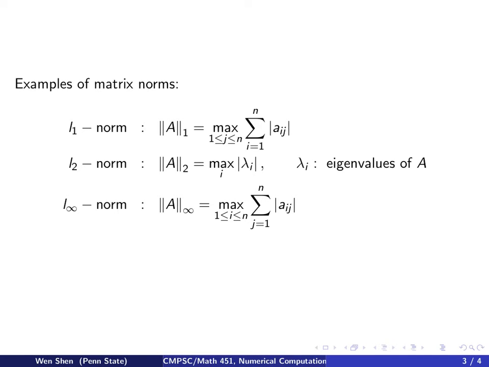The L infinity norm associated with the L infinity norm of the vector is very similar to the L1 norm, except that I switch the order of i and j. So what you do now is, after taking the absolute value of all the entries in A, you add up each row, and then you have n numbers, and then you take the maximum among all those.